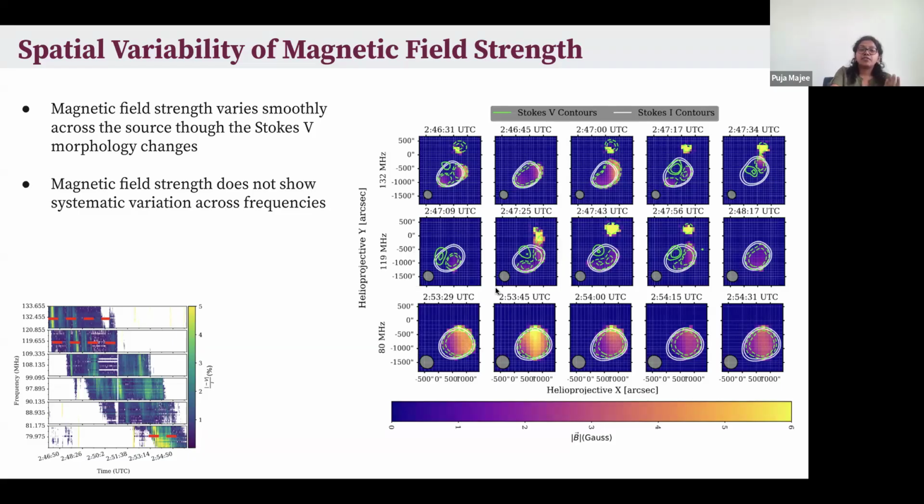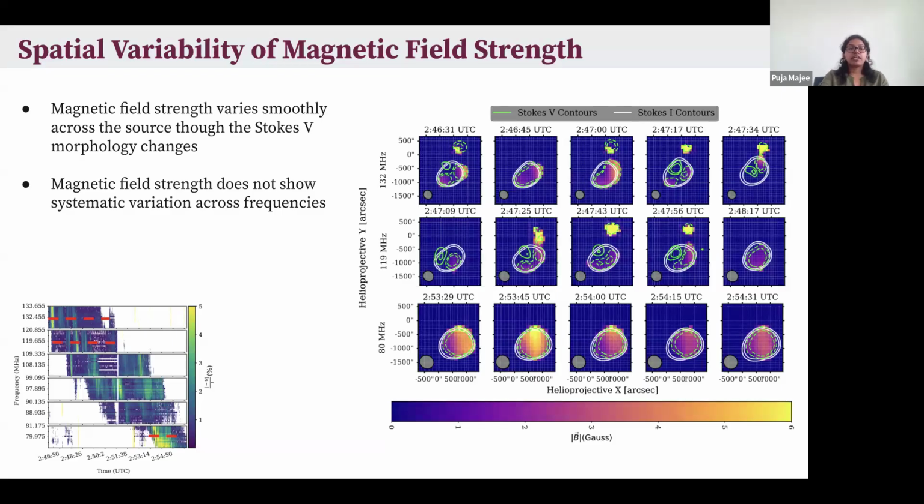It's because the magnetic field strength, the way we estimate it, depends on the local magnetic field strength, the plasma frequency, as well as the angle between the line of sight and the magnetic field. And this is a parameter which can smoothly vary even across the spatial extent. So the spatial variation of this magnetic field strength can give you information about the orientation of the magnetic field with respect to the line of sight.